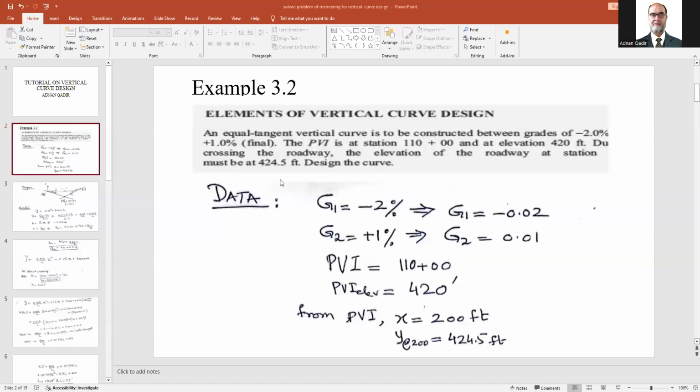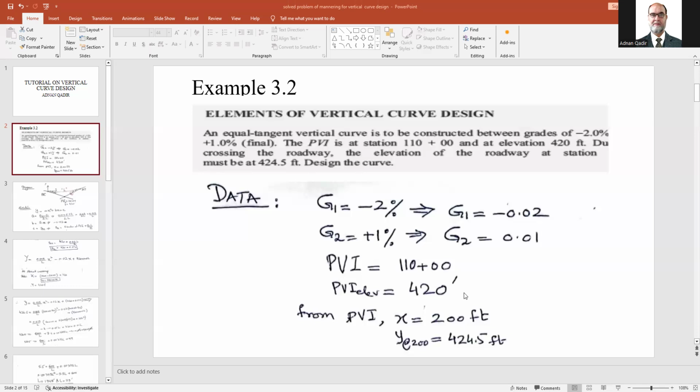First of all, we'll write down the data. Grade G1 is minus 2%, meaning minus 0.02. G2 is plus 1%, meaning 0.01. The station at the intersection of the vertical curve is 110 and its elevation is 420 feet.